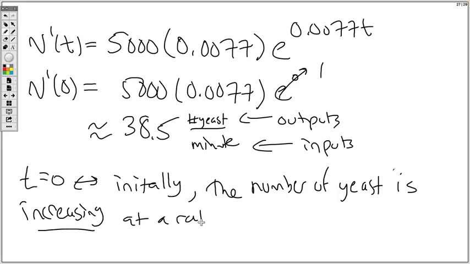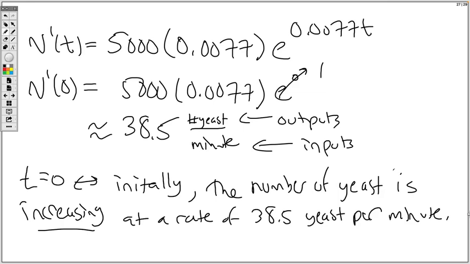At a rate of what? 38.5 yeast per minute. Make sense or not, folks?